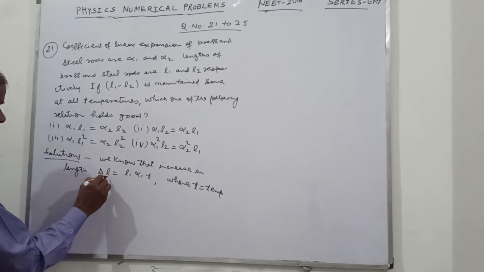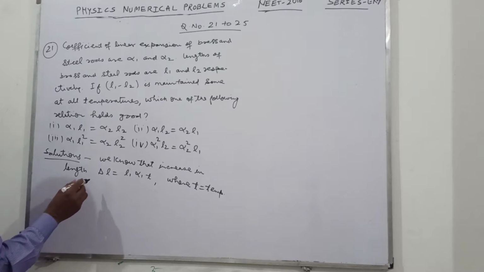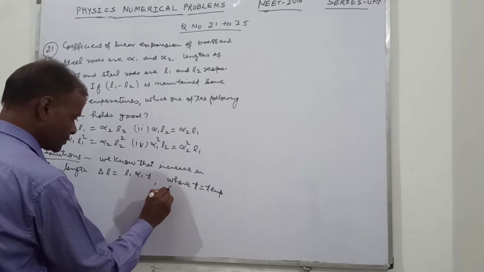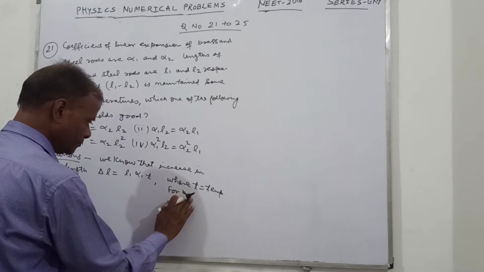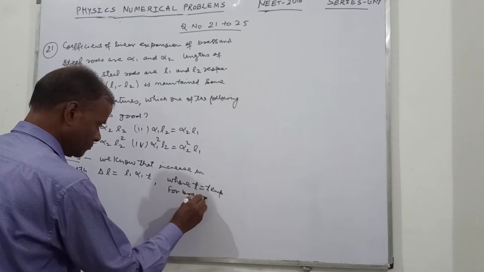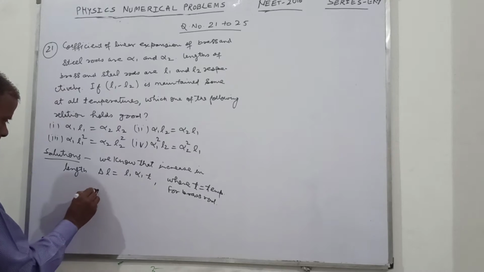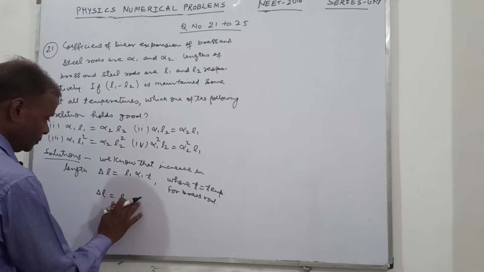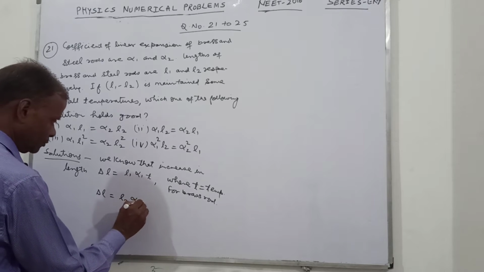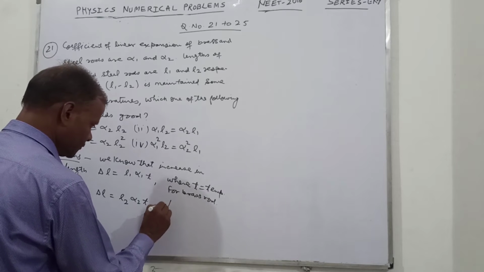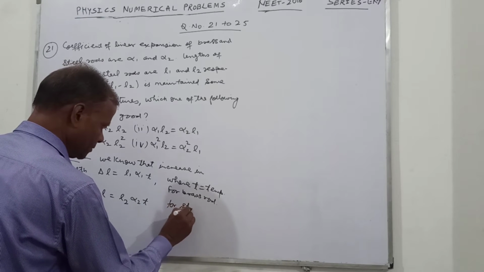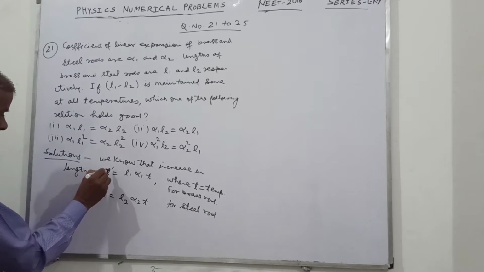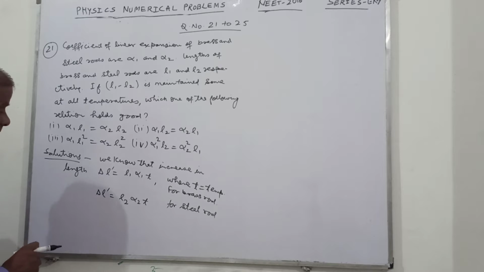This is for brass. And delta L dash equal to L2 into alpha 2 into T. This is for the steel rod.